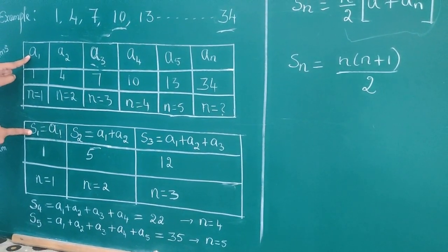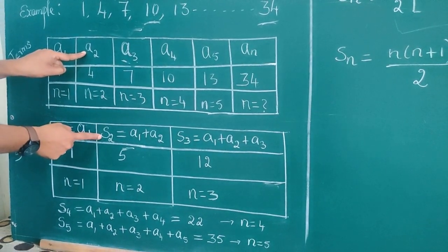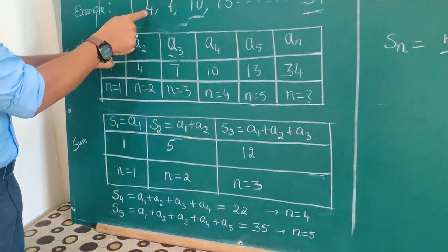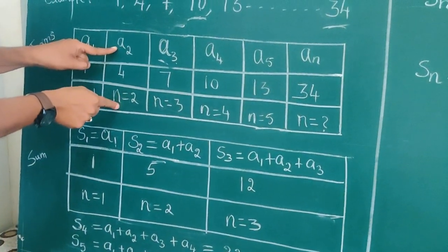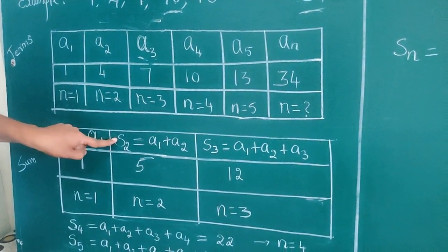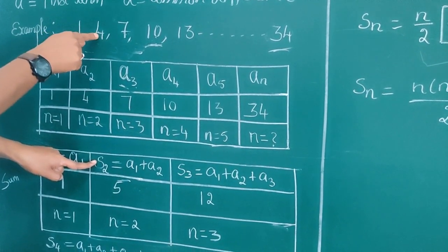S2 and A2, see the difference. S1 and A1 are both the same, but A2 and S2 are not the same. Here A2 refers to the term present in the second place, but S2 refers to the sum of two terms. What is that? A1 and A2.